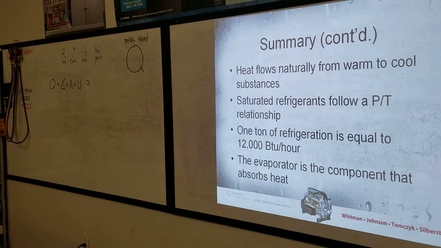Heat flows naturally from warm to cold substances. Saturated refrigerants follow a pressure-temperature relationship. One ton of refrigeration is equal to 12,000 BTU per hour. The evaporator is the component that absorbs heat.